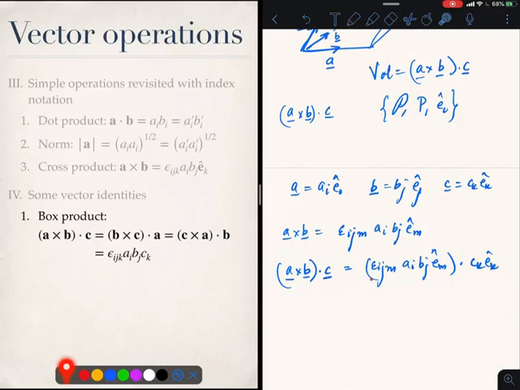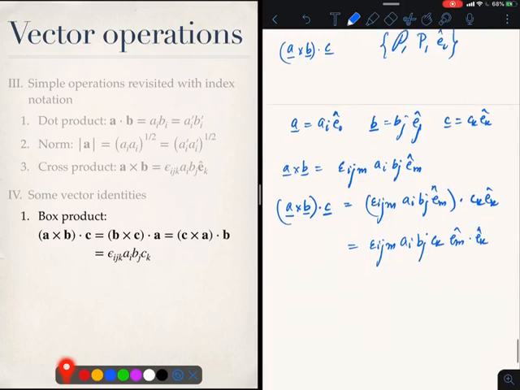Okay, so these are all constants, and these two will be dotted. So this becomes epsilon_ijm a_i b_j c_k e_m dot e_k, and this is delta_mk. So this becomes epsilon_ijm a_i b_j c_k delta_mk.